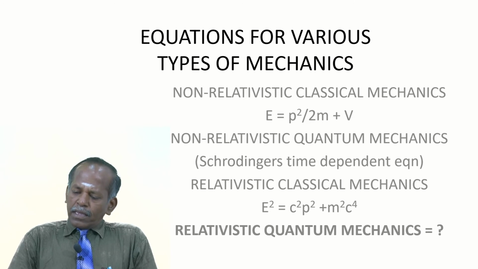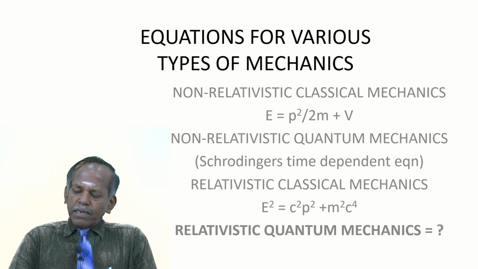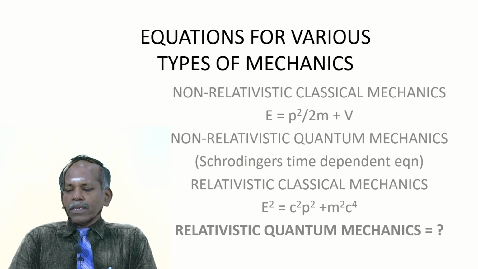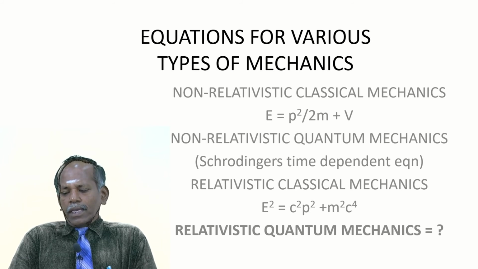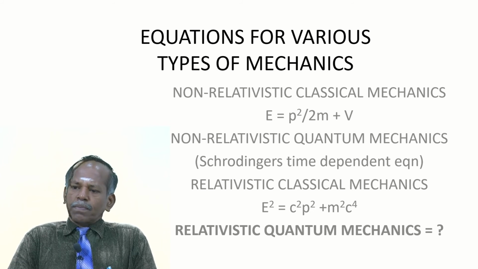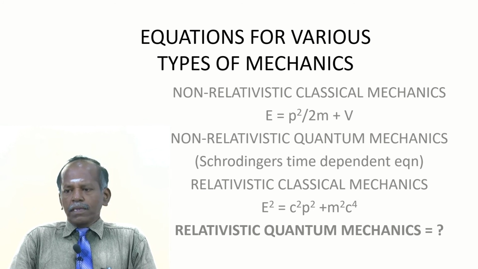Whereas for the third category, relativistic classical mechanics, that is for particles of macroscopic in nature moving with very large velocity, light velocity, the equation is E square equal to c square p square plus m square c power 4. E is energy, c is light velocity, p is momentum, and m is mass of the particle.